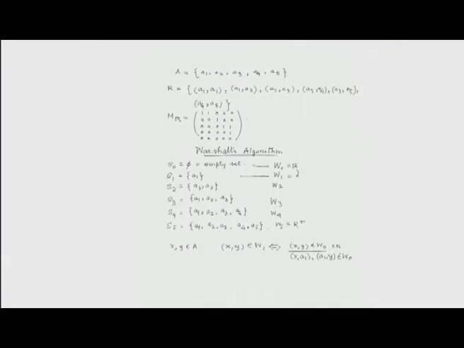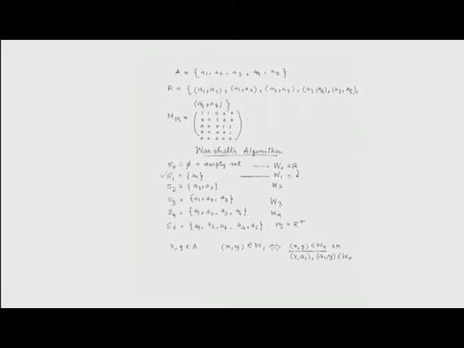I will say that the ordered pair x comma y belongs to W1 if and only if x comma y belongs to the previous relation W0, or there is a path connecting x to y through the set S1.